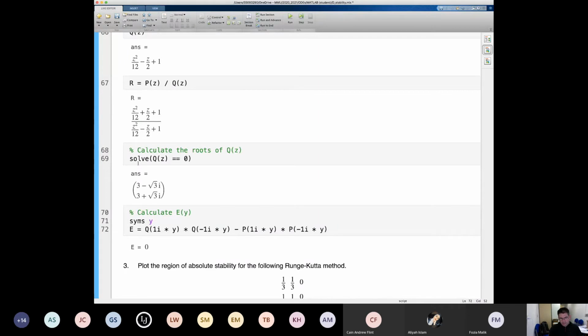And an A-stable method, as I mentioned earlier, is one where there's no limit to the step size you can use. So you can use a large step size, but you've got to be careful, because obviously the larger the step length you use, the more inaccurate your results are. So with an A-stable method, you can use a large step length, but you might end up having an inaccurate solution. It will be stable, but it might be inaccurate.